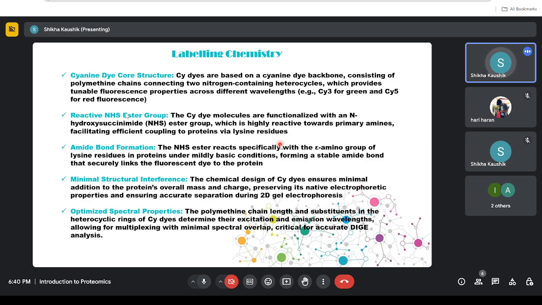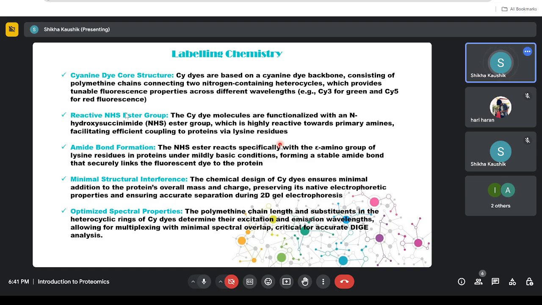Now talking about the reactive NHS ester group, which I have already mentioned in the previous slide, it has specificity with the amino group of your lysine residue. This is an addition to the cyanine dyes. So if you are using NHS ester associated cyanine dye, it will bind to lysine.